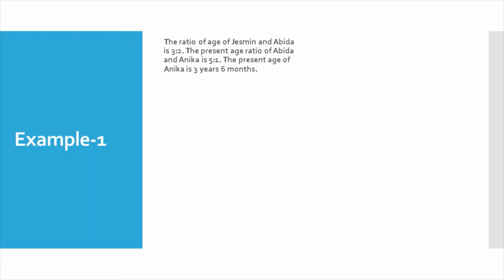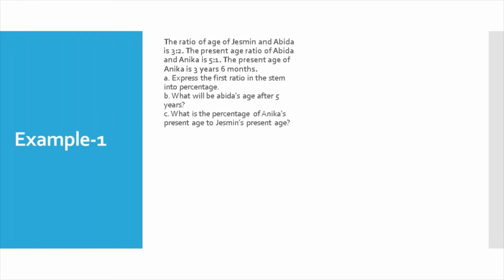My dear students, example 1, that is the question and stem. Solution of C. Age of Jasmine is to age of Abida equals 3:2. From B we got Abida's present age equals 17 and a half years, or 35 by 2 years.